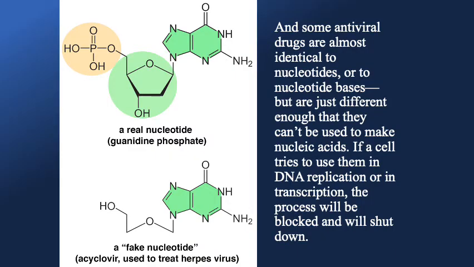And there are some antiviral drugs that are worth looking at because we've just covered nucleotides. Up there at the top, you can see a real nucleotide. It happens to be guanidine phosphate.